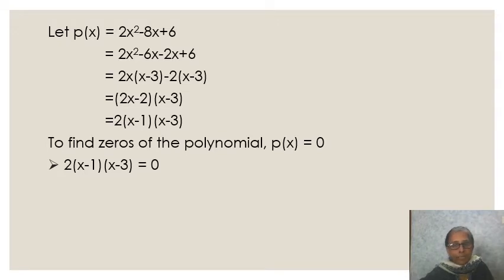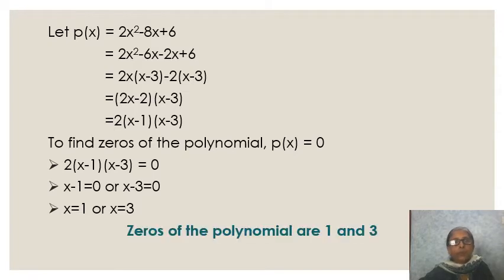If you get the product to be 0, either x minus 1 has to be equal to 0 or x minus 3 will be equal to 0. Is that clear? And now you can find the value of x from this. x is equal to 1 or x is equal to 3. So what are the zeros of the polynomial? 1 and 3. Is that clear?